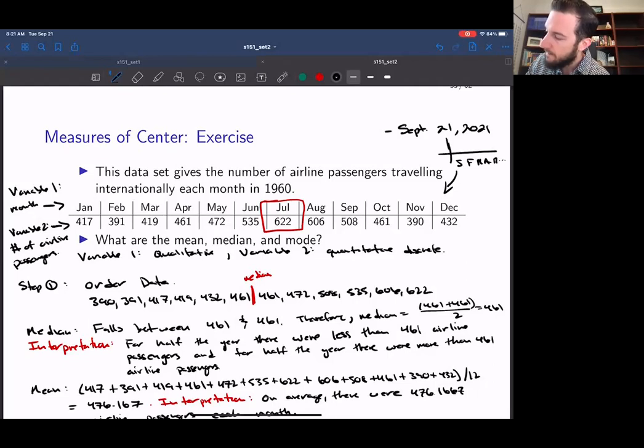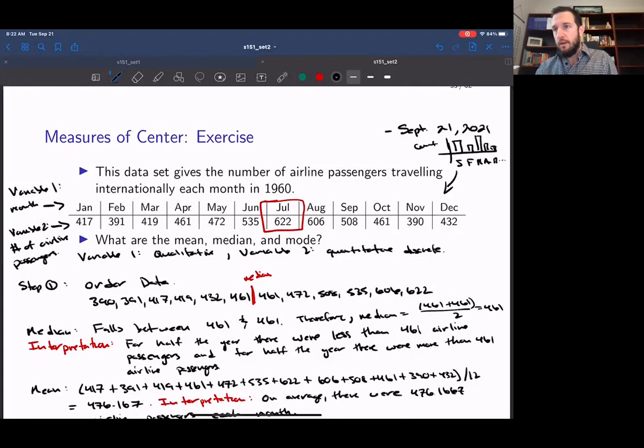And then on the y-axis, you would have some value, right? So the modal month is going to be the month that has the highest bar associated with it. So if we were to make a bar chart of the month of the year, the highest bar would belong to July, and that would make it the modal month.